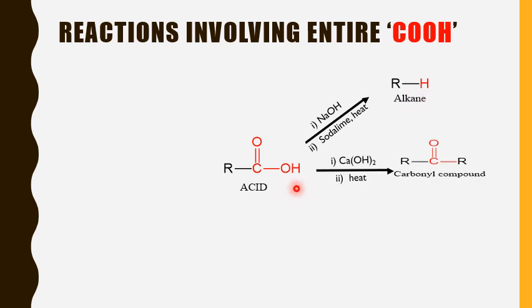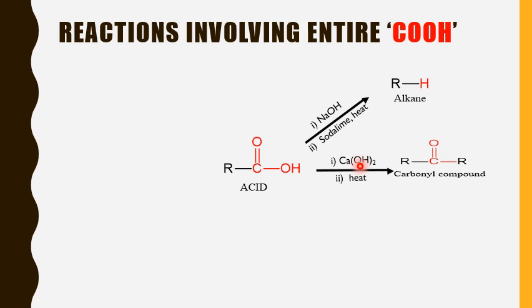And the next reaction is that carboxylic acid can be converted into carbonyl compounds in this way. So, what is the process? First, you have to convert the carboxylic acid into the corresponding calcium salt. When you react this carboxylic acid with calcium hydroxide, as I said, carboxylic acid upon reaction with alkalis will form salts of these alkalis.